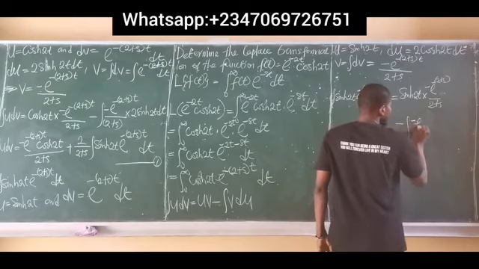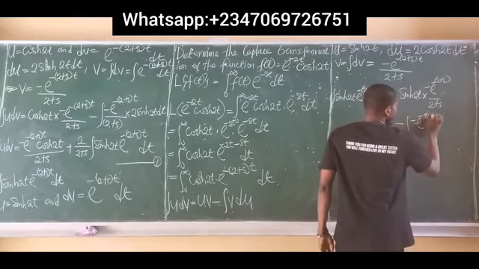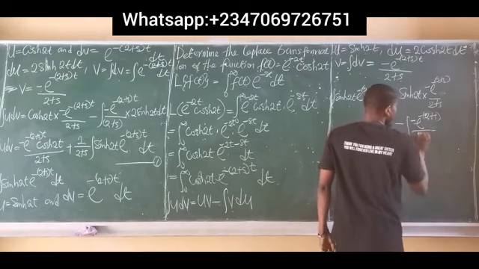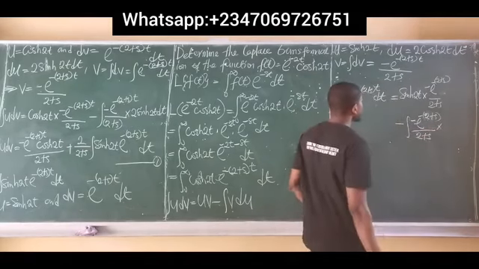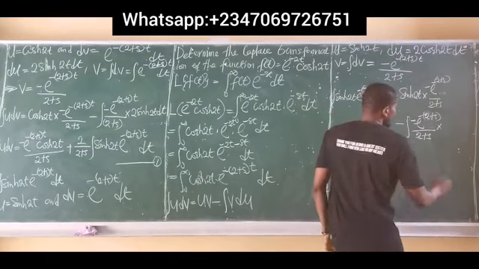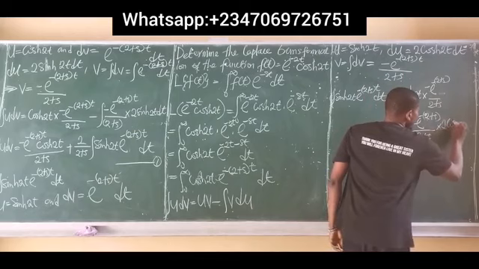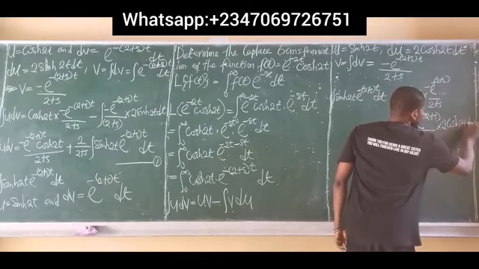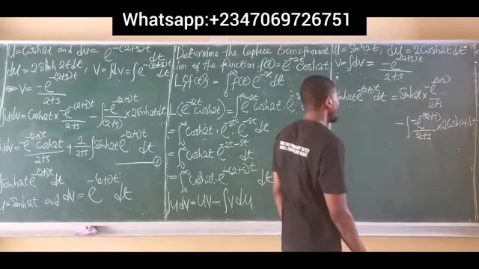v remains e to the power of minus (2 plus s)t all over 2 plus s, times du. And du gave us here 2 cos 2t dt. So we'll have 2 cos 2t times dt. We have this.